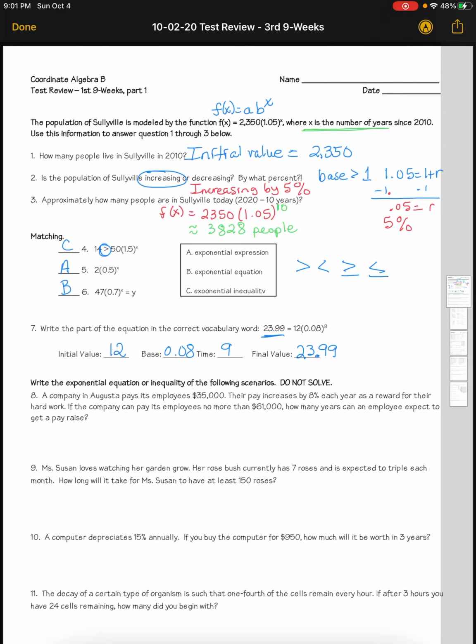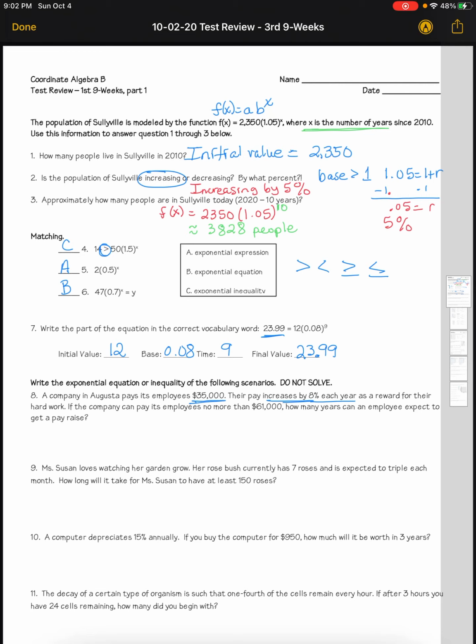Number 8, a company in Augusta pays its employees $35,000. Okay, that's some information I need. Their pay increases by 8% each year as a reward for their hard work.